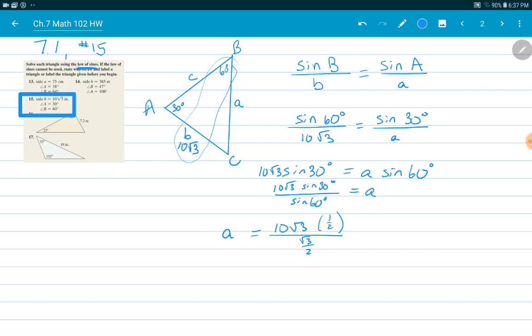And that can be simplified. So half of 10 gives me 5 radical 3 divided by radical 3 over 2. So that's flip the second and multiply. And my radical 3's will cancel. And I'm left with 5 times 2, which is 10.